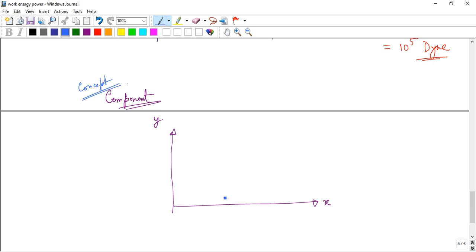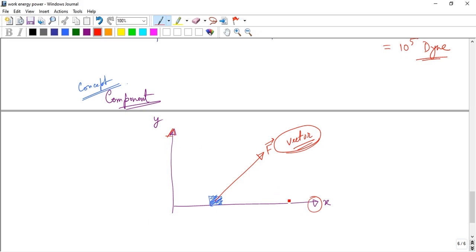Suppose there is an object here, and some force is applied in that direction. The force is a vector; it has magnitude as well as direction. So we represent the vector component-wise: there is an x part of force and a y part of force.